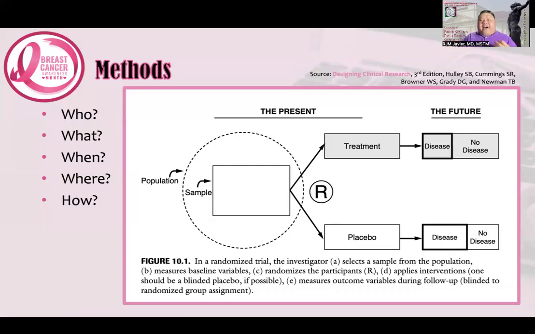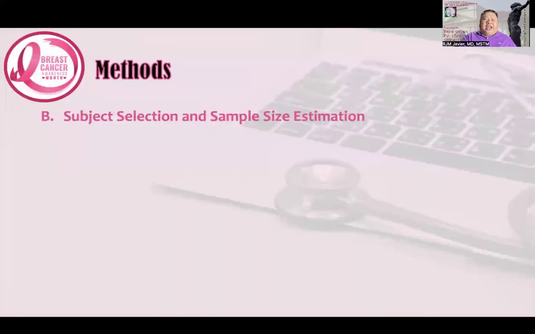And again, you follow them up in time and you try to see whether or not the induced intervention could, let's say, address the outcome of interest, whether or not they will develop the disease or whether or not they would remain disease free. So, this is again the general schema of any clinical trial or any randomized controlled clinical trial.